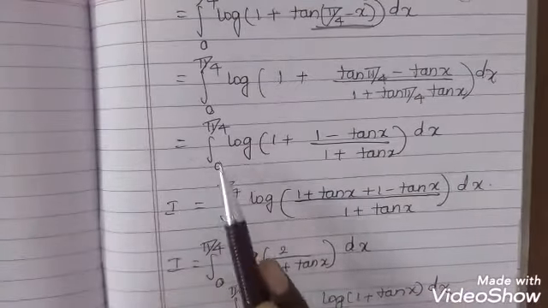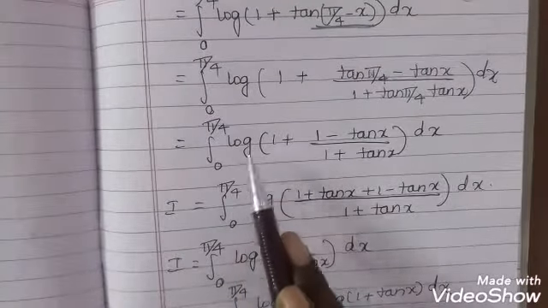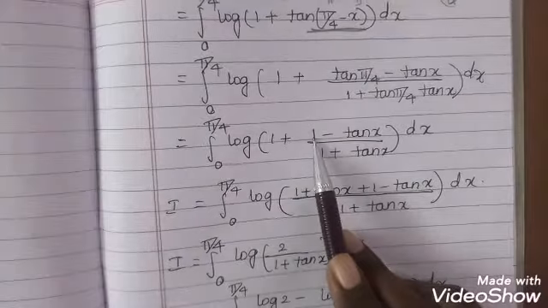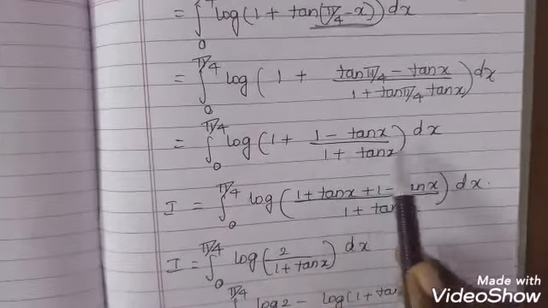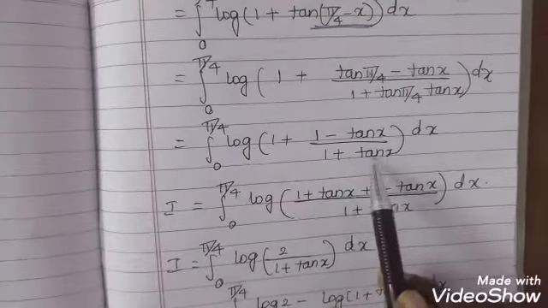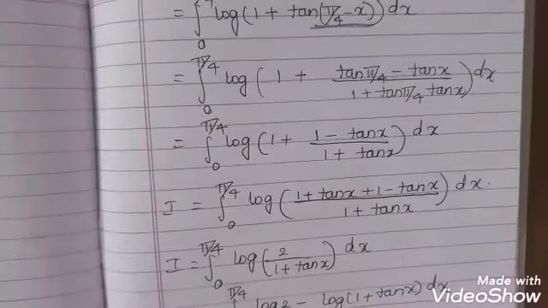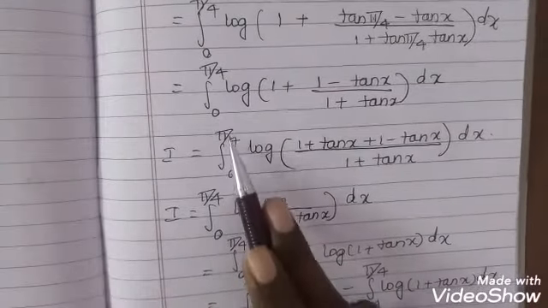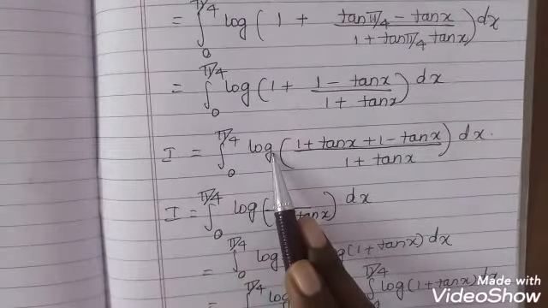So here this is equal to integral over 0 to pi by 4 of log of 1 plus, what is tan pi by 4? It's nothing but 1, minus tan x divided by 1 plus 1 into tan x dx. This is what you have here. Is it clear?